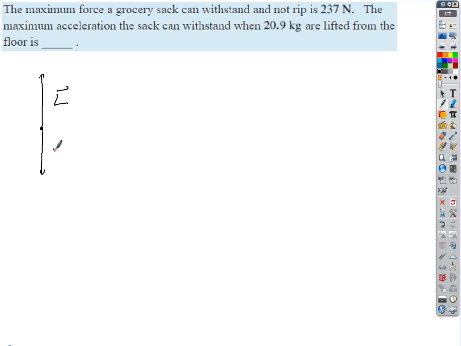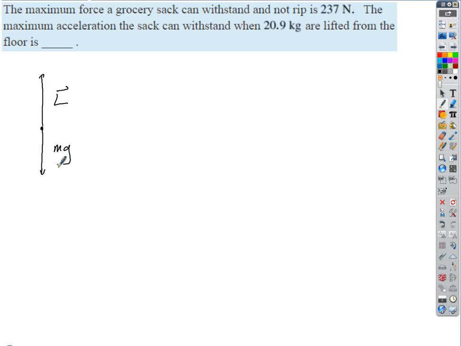That's just going to be mg, the mass of the sack when it's full times the acceleration of gravity. By Newton's laws, those are the only two forces acting, correct?